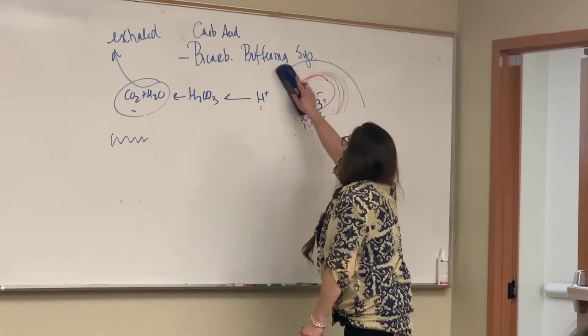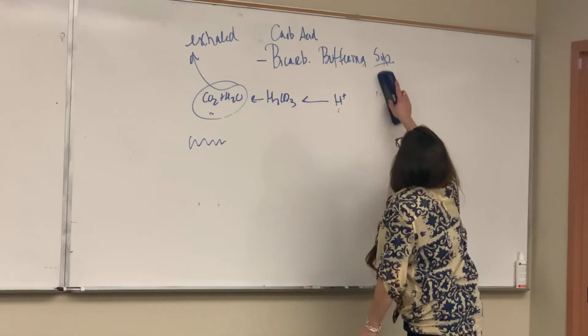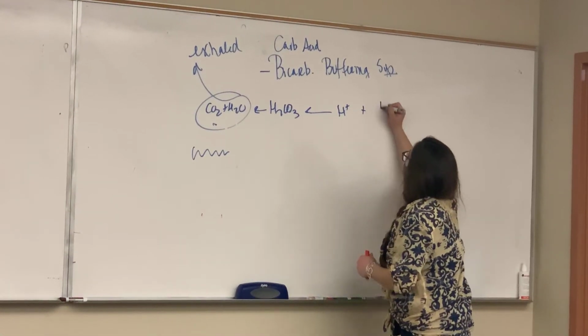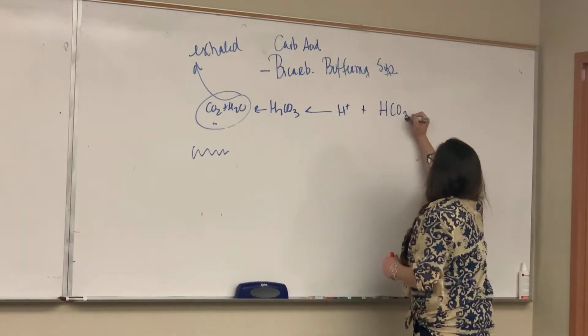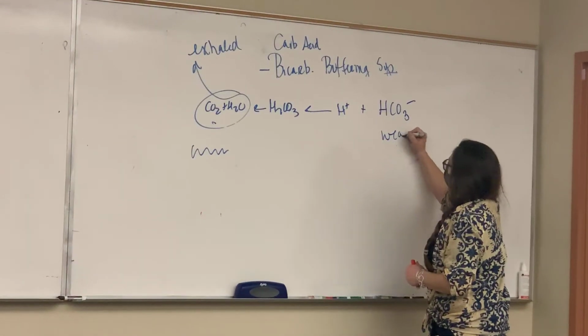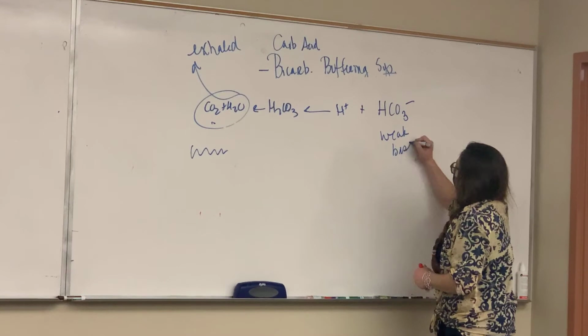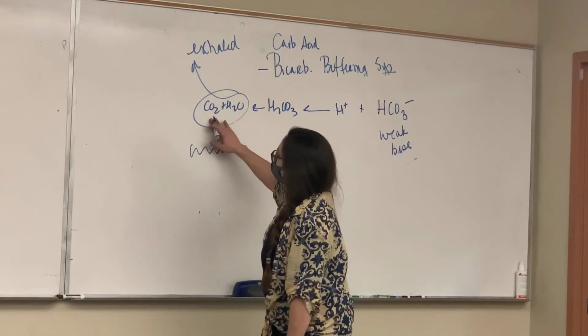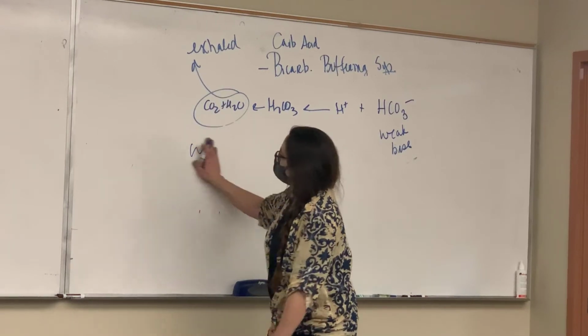So we come back to this buffering system. For this buffering system, bicarbonate ions act as weak bases, and they buffer a certain amount of hydrogen, forming carbonic acid, which forms CO2 and water, and then that gets exhaled.